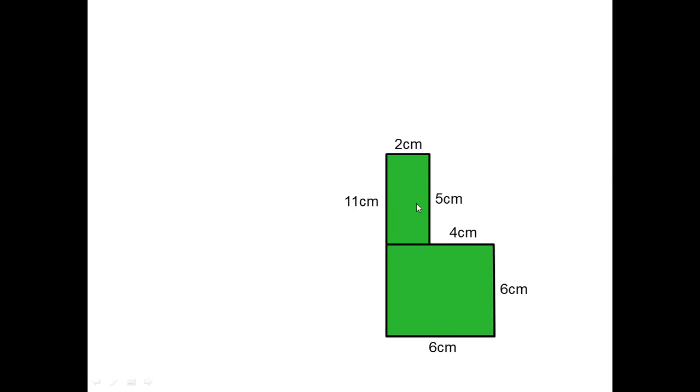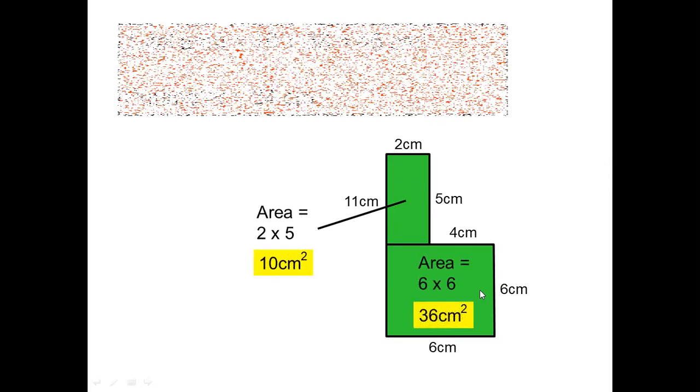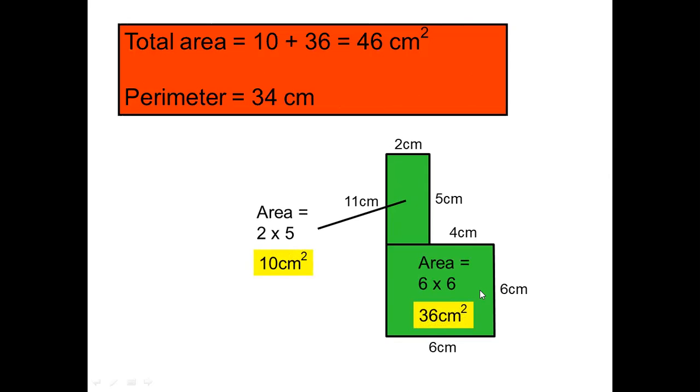It's going to be 2 times 5 because I'm going to take only this side. 11 is all of this side. So the first area is 2 times 5, and the second area is going to be 6 times 6. So it will be 10 plus 36, which is 46.